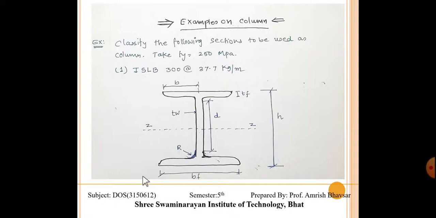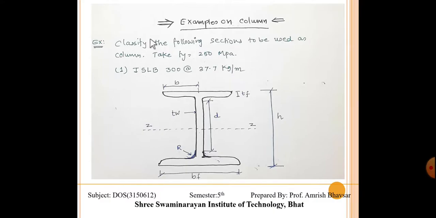So all of you just open page number 18 from IS 800, and parallelly open the steel table and open this section, that is ISLB 300 at 37.7 kg per meter. With reference to this weight, we have to take all the parameters from the steel table. Here we have to classify our section whether it is okay or not.